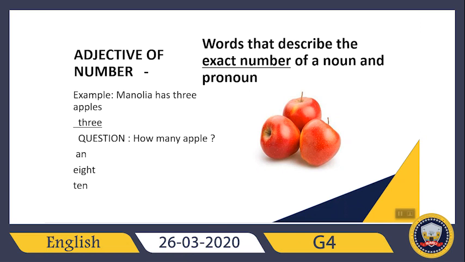If I say Melonia has an apple, I'm letting you know that Melonia has only 1 apple. If I say Melonia has 8 apples, she has what? Exactly 8 apples. So adjectives of number are words that describe the exact number of a noun or a pronoun. So we're going to be checking the next one.